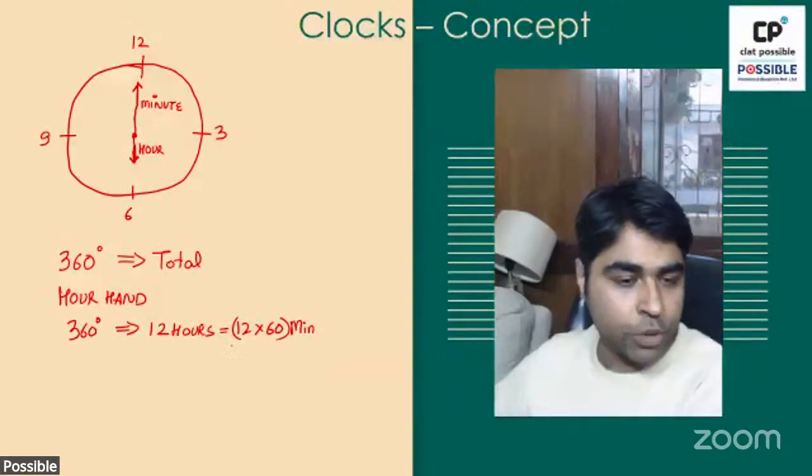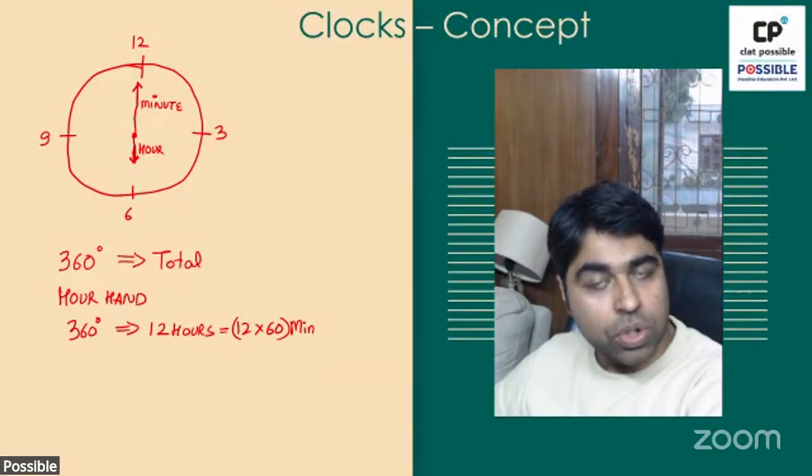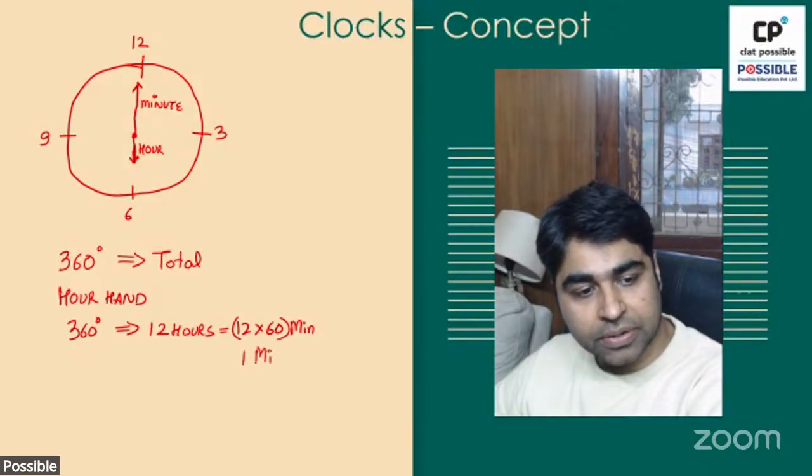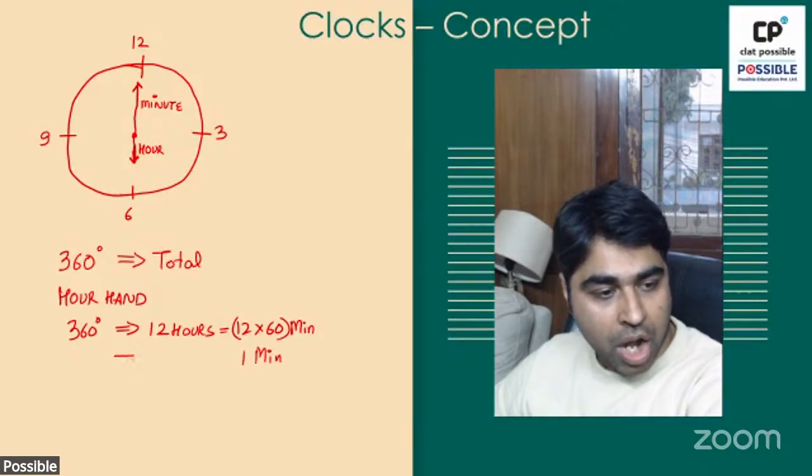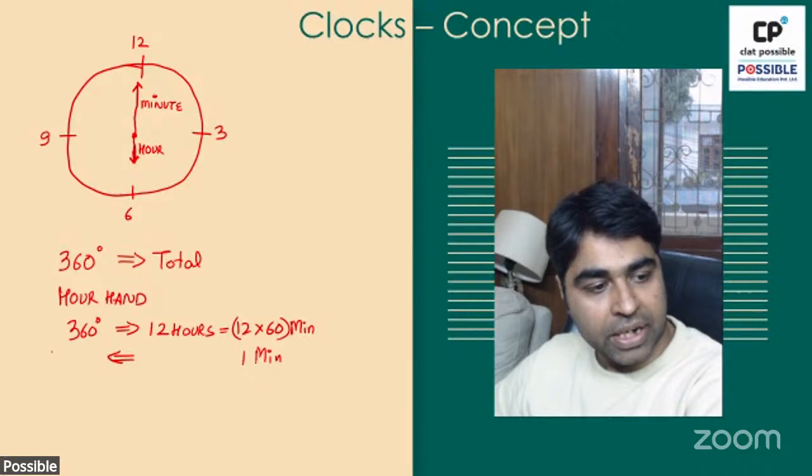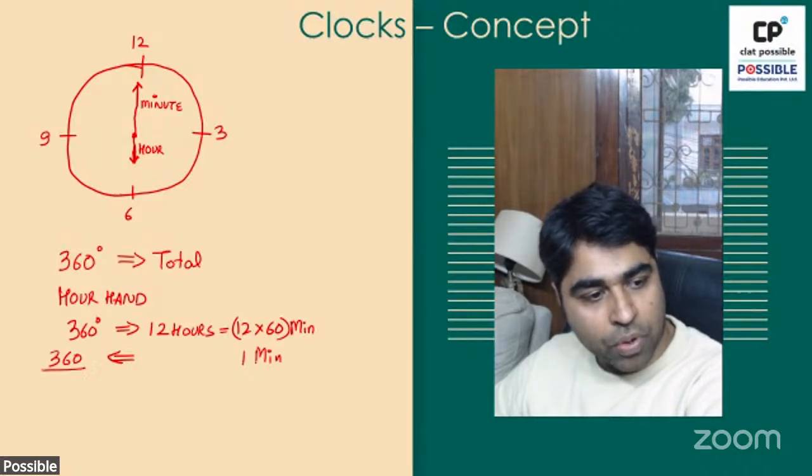So if in 12 into 60 minutes a total of 360 degrees of movement has happened, then in 1 minute how much degree movement will happen? It will be 360 upon 12 into 60 degrees.